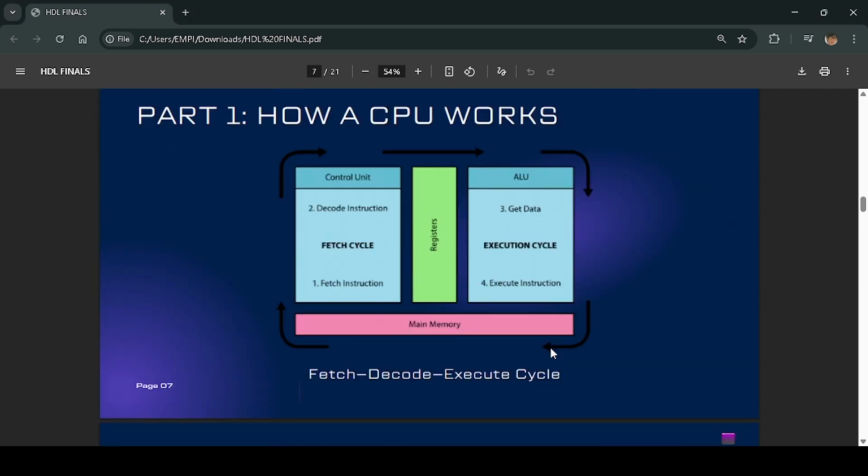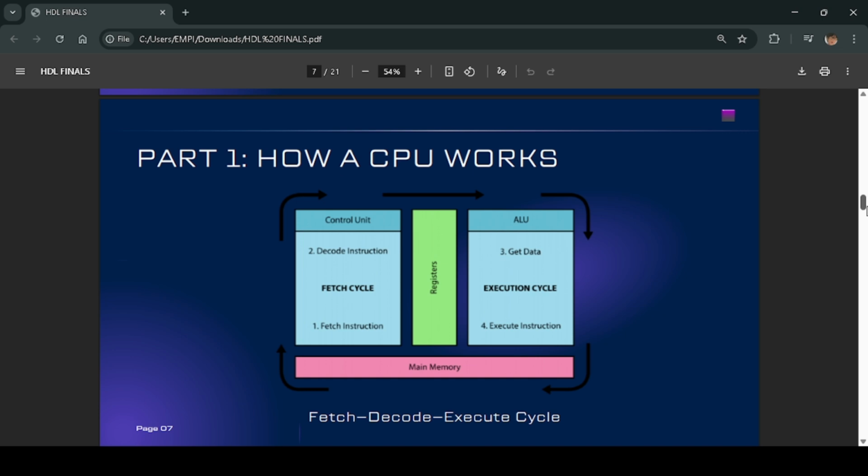Next is the heartbeat, which is the fetch, decode, and execute cycle. The CPU's core operation is a relentless three-step cycle: fetch, decode, and execute. First, it fetches the instruction from its location in RAM by placing addresses on the address bus and reading the data bus.